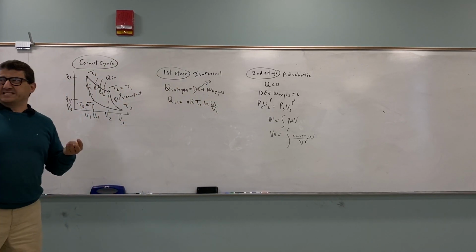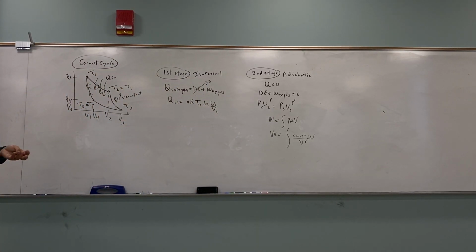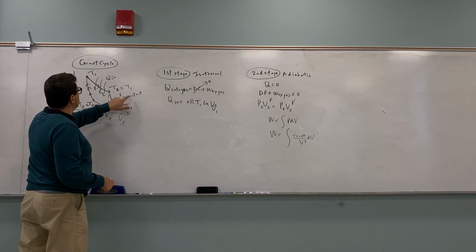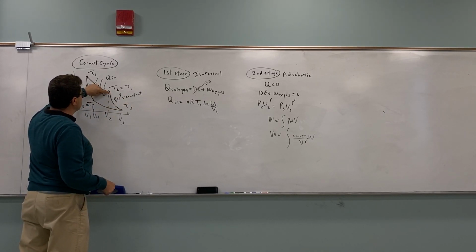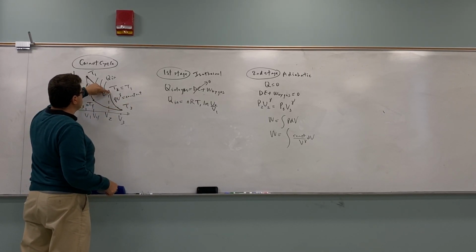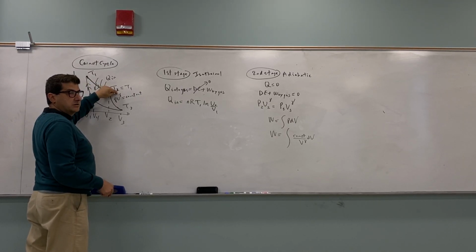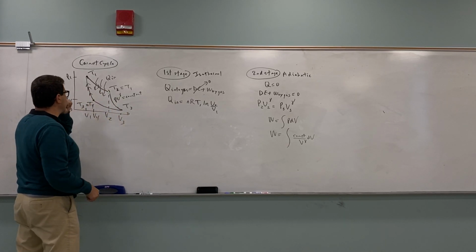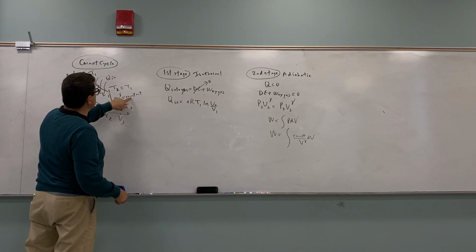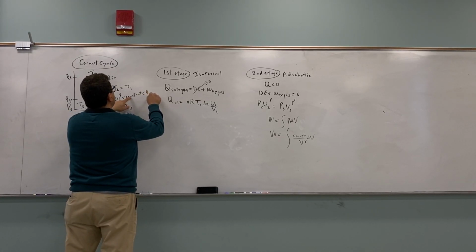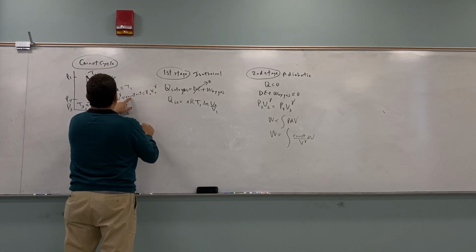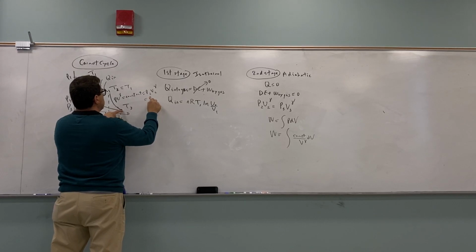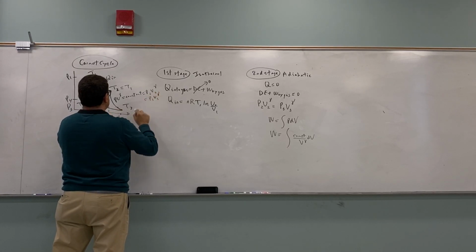But then what's that constant equal to? That constant would equal whatever the value of the pressure here is times whatever the value of the volume there is to the gamma power, right? That means it's staying constant throughout that process. So the constant would equal P2 V2 to the gamma, or you could say P3 V3 to the gamma.